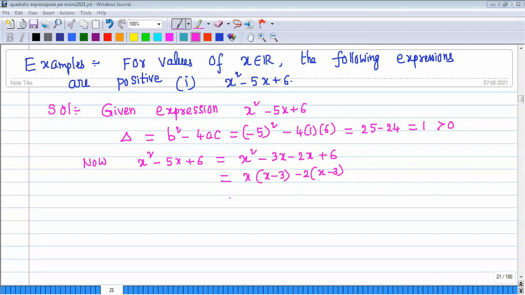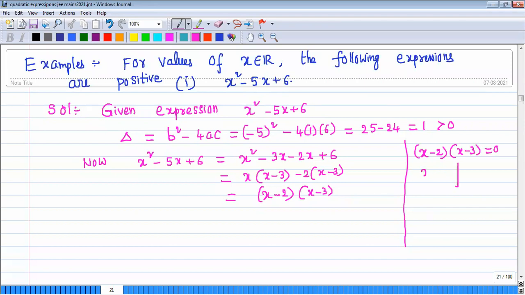So we can write x minus 3 common, x minus 2 into x minus 3. Now you need to find the roots of x square minus 5x plus 6 equal to 0. To find the roots, equate x minus 2 into x minus 3 to 0. You get x is equal to 2 and x is equal to 3.